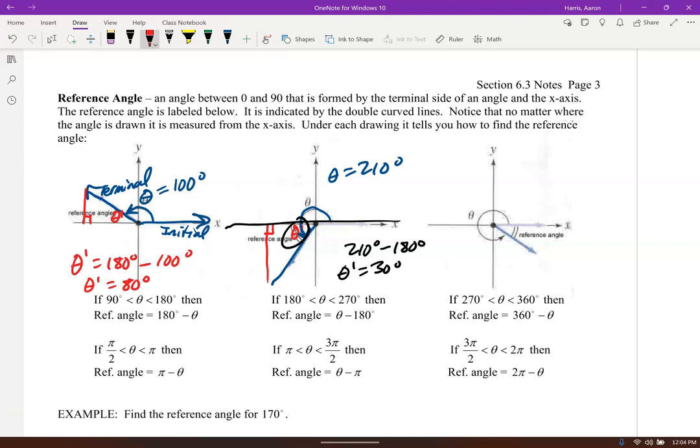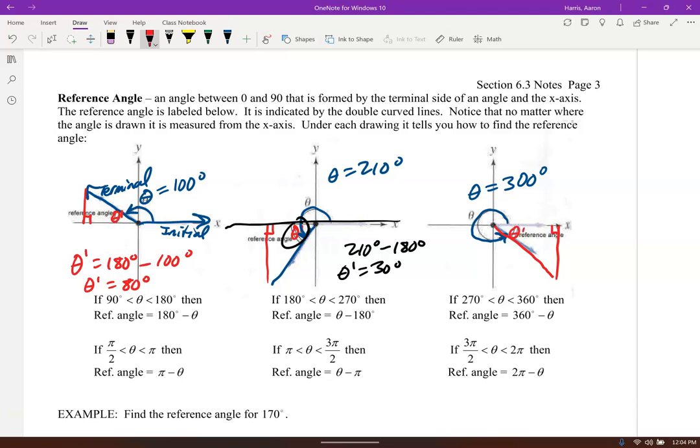Now let's do one into quadrant 4. So let's say we rotate 300 degrees. How about that? I'm going to take it from the terminal side and go straight back to the x-axis.